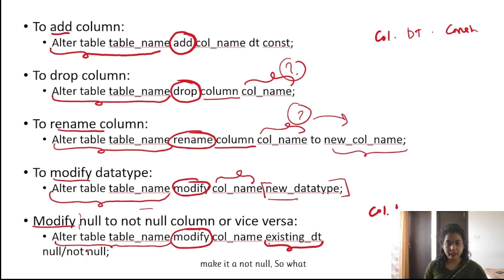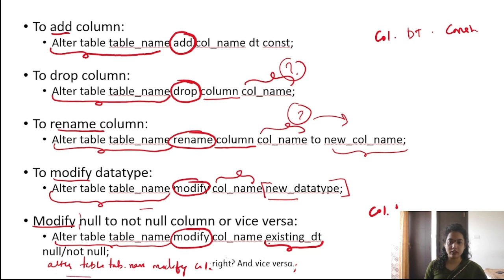If it is null, I want to make it not null. So what I'll write: alter table, table name. What I want to do, modify your column name. Suppose my column name is column 1. Existing data type is int. So my column will accept null values, so I'll make it not null, right?